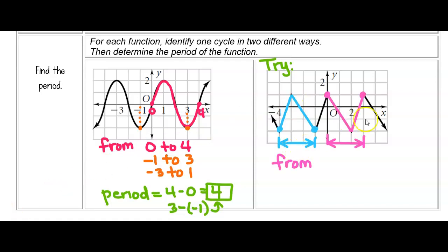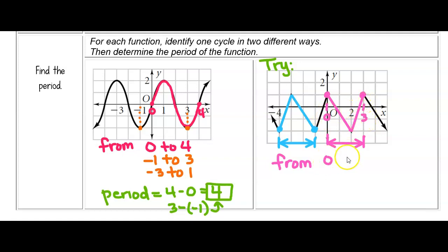Okay. Did you do it one of these two ways? I find a lot of students come up with these ways of defining a period. So we can go from a max to a max. So that would be like this V shape that keeps repeating itself over and over again. So basically from 0 to 3.